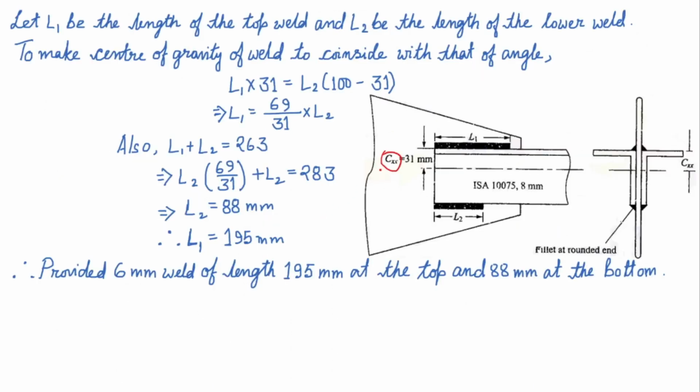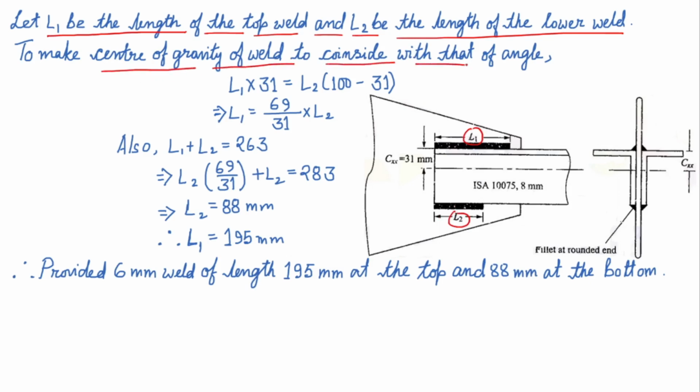If you see the figure, let L1 be the length of the top weld and L2 be the length of the lower weld. See, this is L1 and this is L2. To make the center of gravity of the weld coincide with that of the angle, that means the center of gravity of these two welds should coincide with the CG line of this angle.